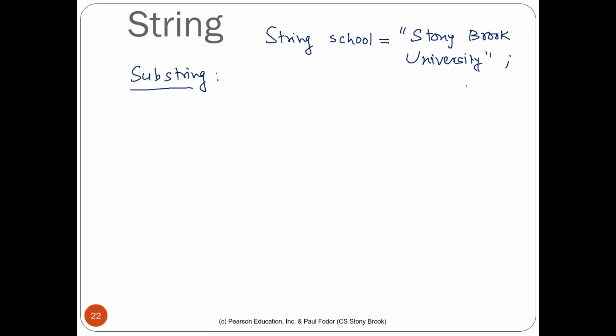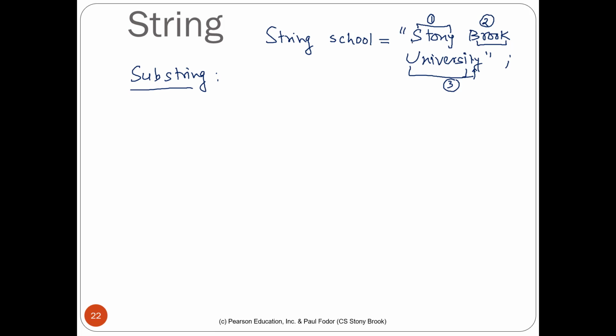Let's not get into mathematics right now. What are the different substrings? Stony is one substring. Brook is another possible substring, and University is another. And these are not the only substrings. You can have a lot.